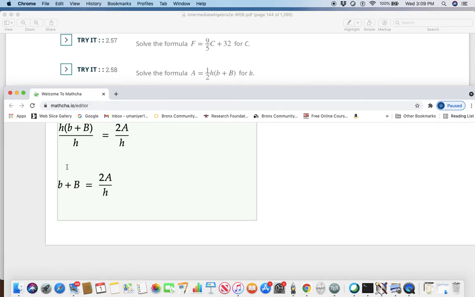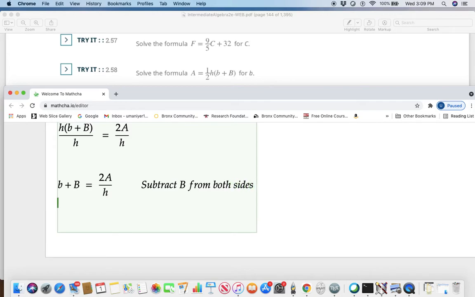At this point, I want to solve for little b, so subtract capital B from both sides. Make sure you're writing minus B on both sides.